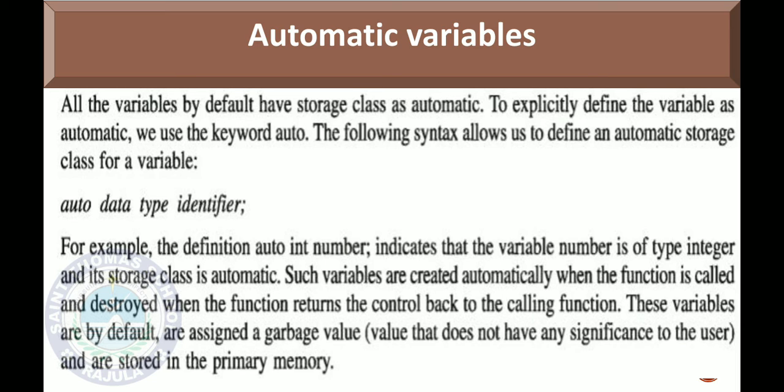Such variables are created automatically when the function is called. When you have declared this variable in your function, then when you call the function, suppose this variable is declared in our main function, when the main function begins its execution, at that time the variable will be created automatically.